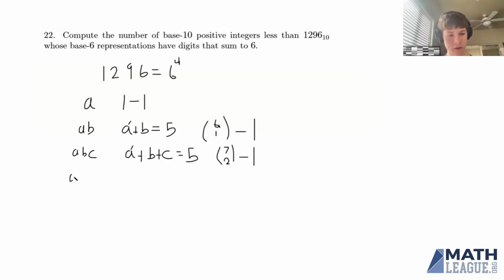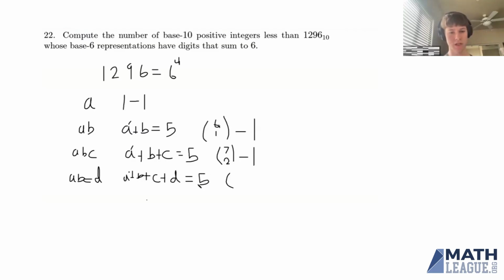And then finally, A, B, C, D, we just have 4 total digits. Sorry for my bad handwriting. And we have this full sum, A prime plus B plus C plus D. A prime is A minus 1, so this is 6 minus 1, so that's 5. Once again, using sticks and stones, all of our numbers are now non-negative.